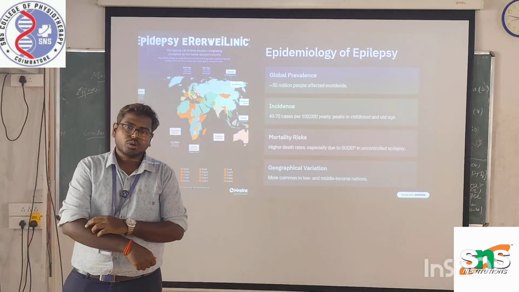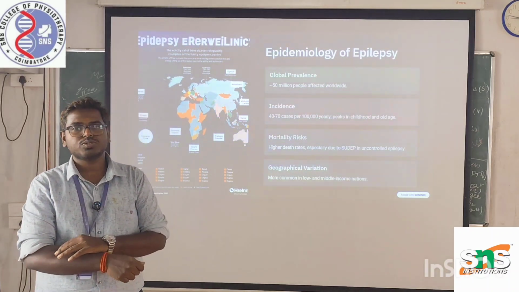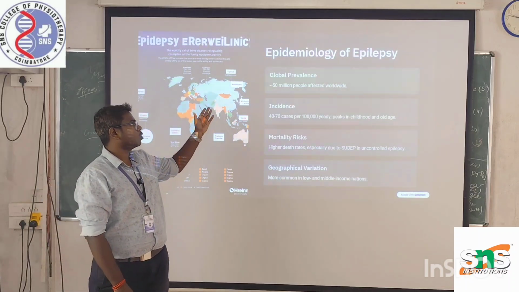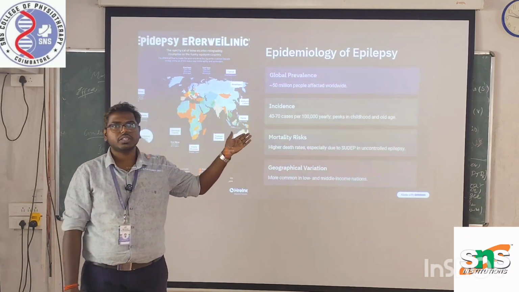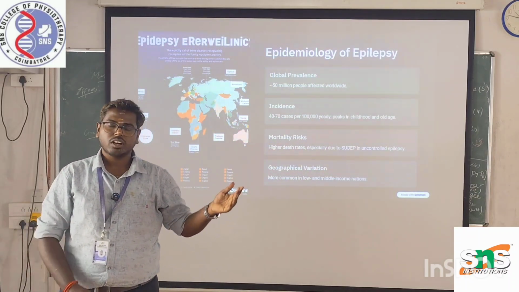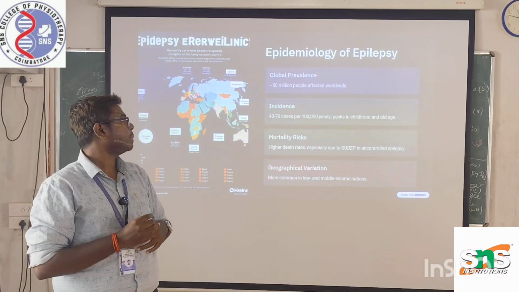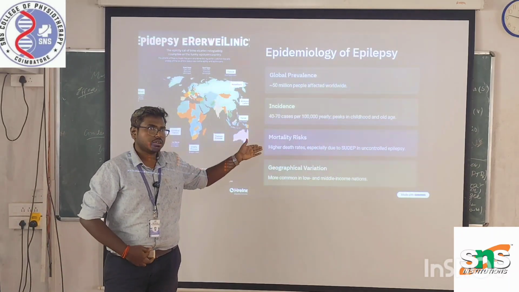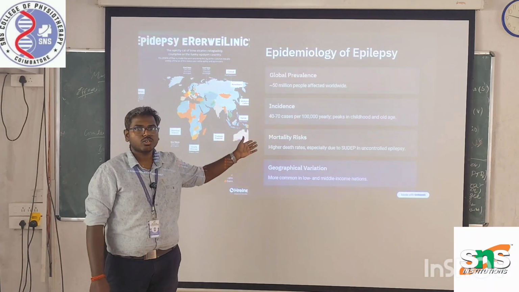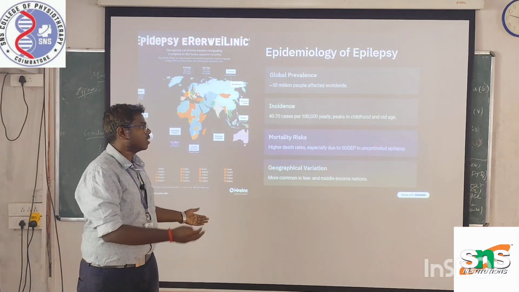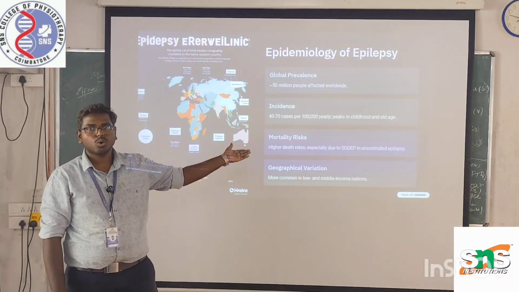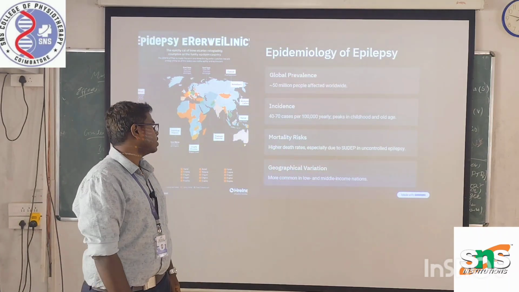So epidemiology. The prevalence of epilepsy is majorly spread worldwide. Around 50 million people worldwide are affected by epilepsy. As for incidence, per year per 1 million people there are around 40 to 70 cases worldwide, which majorly covers old age persons.